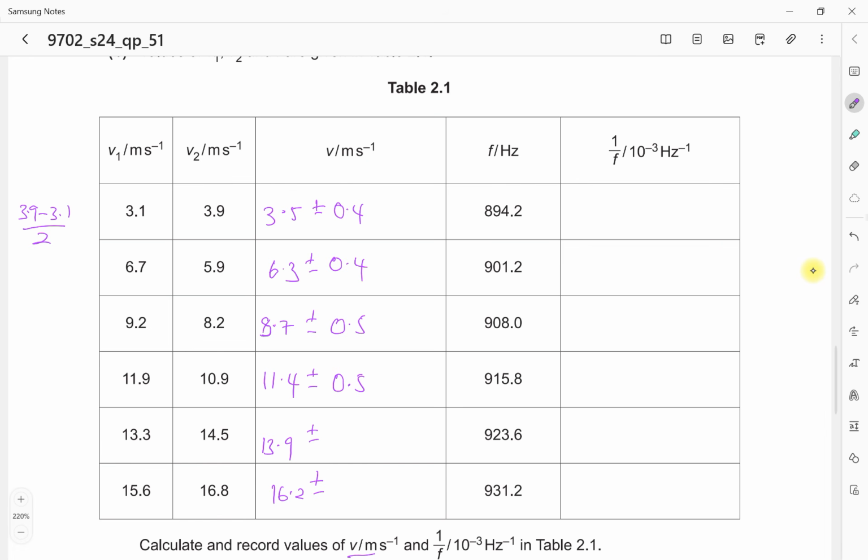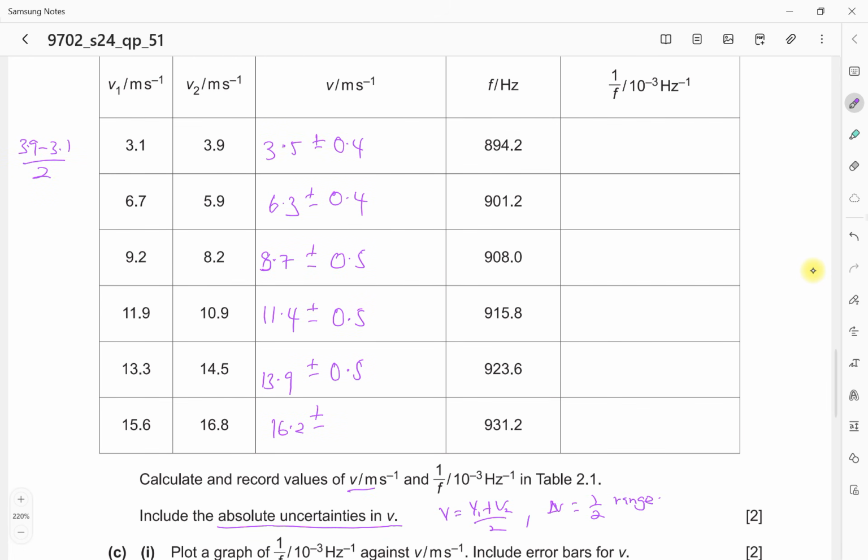Then 13.3 minus 14.5, or the other way around, that is 1.2 divided by 2, which is 0.6. Then 16.8 minus 15.6, that is 1.2 divided by 2, which is 0.6.